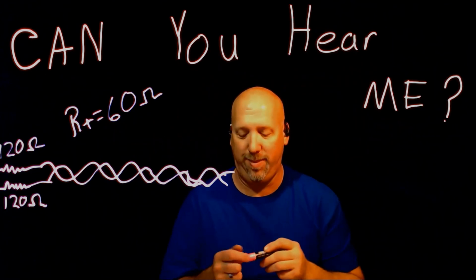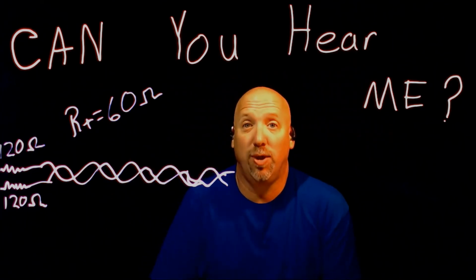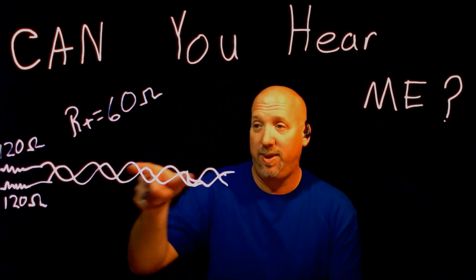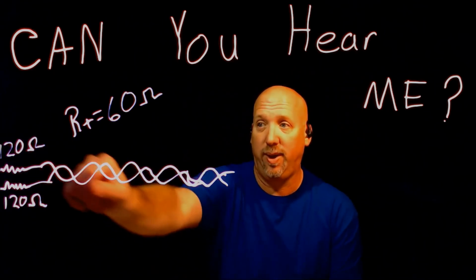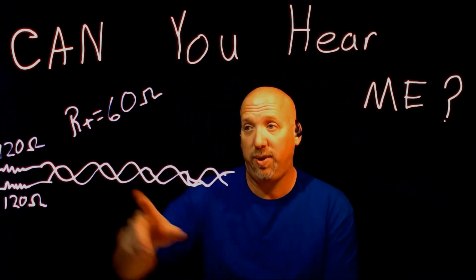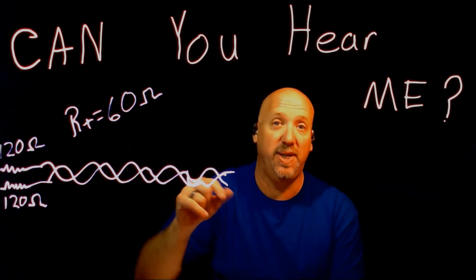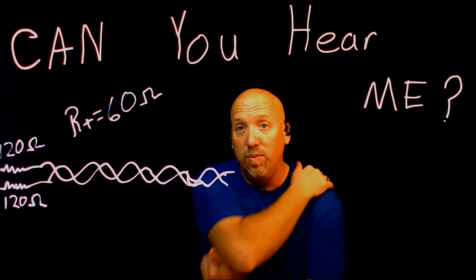Going way back to your first electrical class, where you talk about Ohm's law, this is a parallel circuit. Remember, in a parallel circuit, the total resistance is smaller than the smallest resistor. These are two 120 ohm resistors. You do your math like that, you get a total resistance of 60 ohms.